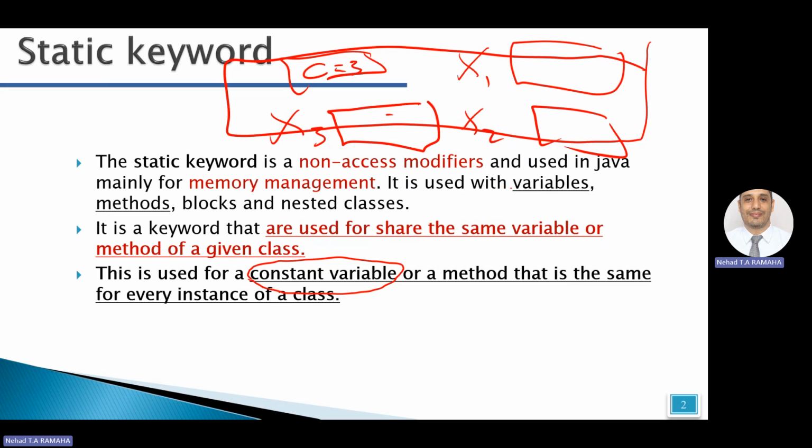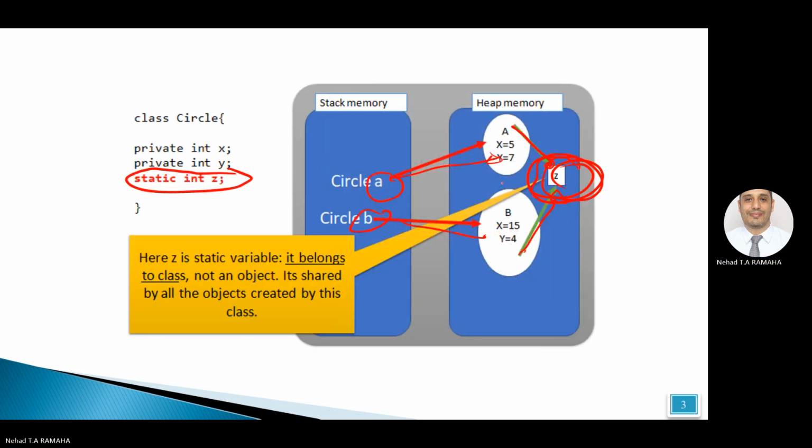Also, if we have a value that has only one value, like information about employees and, for example, the name of the company. All the employees belong to this company, so why make it a variable?